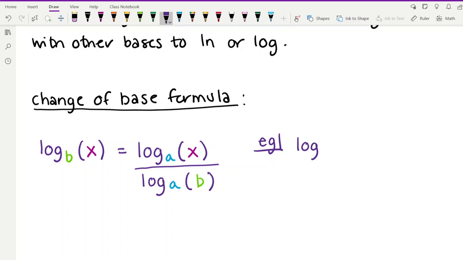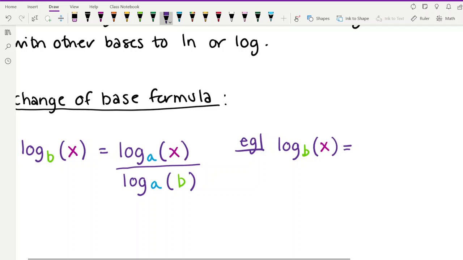If you have a logarithm with some random base b, and you want to evaluate it on a calculator, you're probably going to want to change your logarithm to being in terms of ln or in terms of log. So if you're using ln, it's just going to be ln of x over ln of b, your original base.